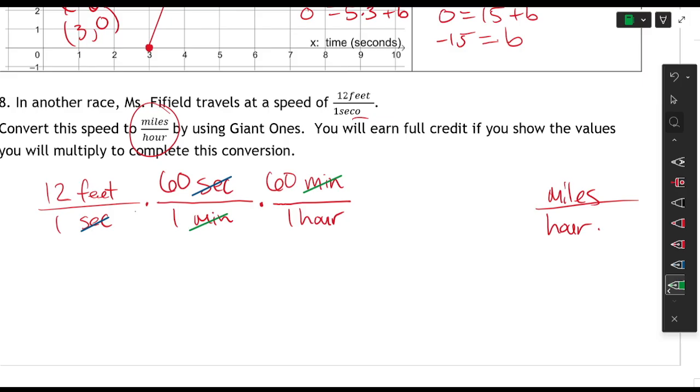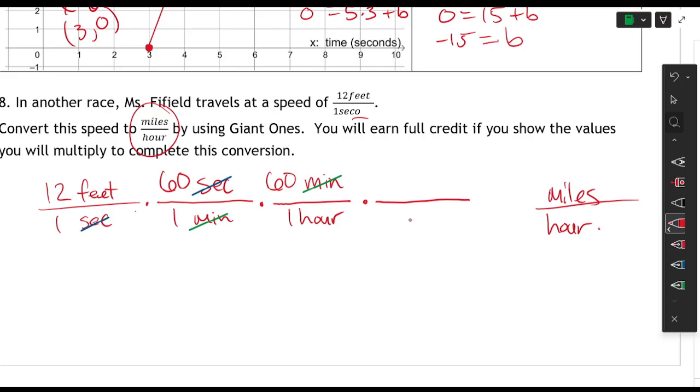Last giant one that we need to multiply this by, and this was one that was on the board. It turns out that 1 mile is the same thing as 5,280 feet.